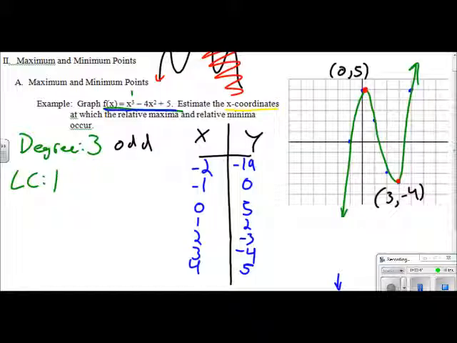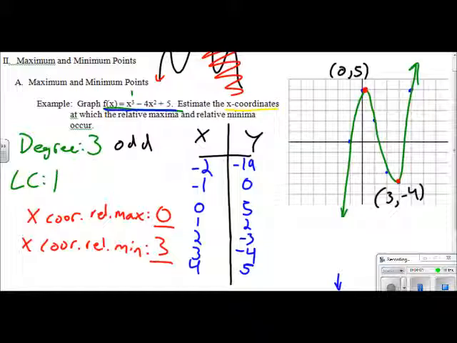So you would say then x-coordinate of relative max is 0. And the x-coordinate of relative min is at 3. So those are our values that we're searching for. And that's lesson 7-2.